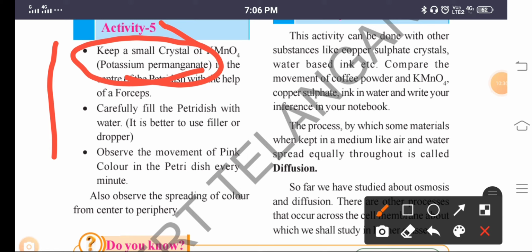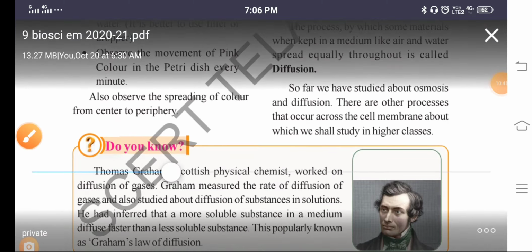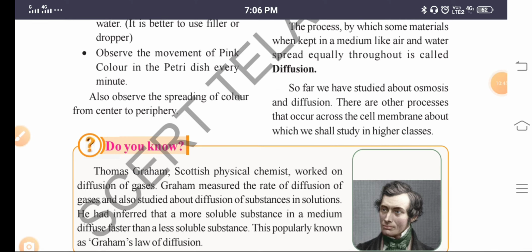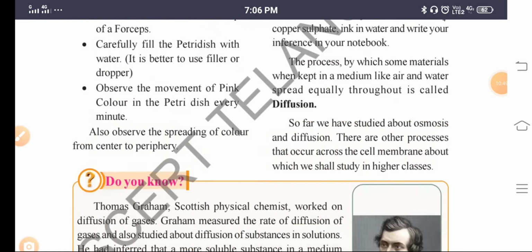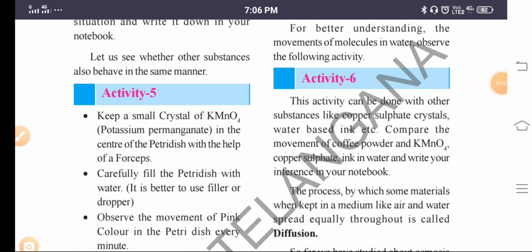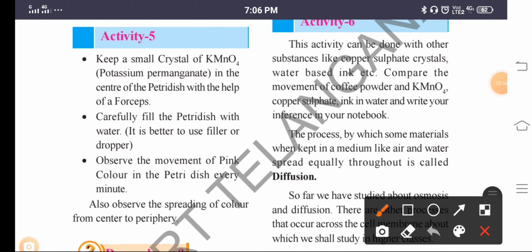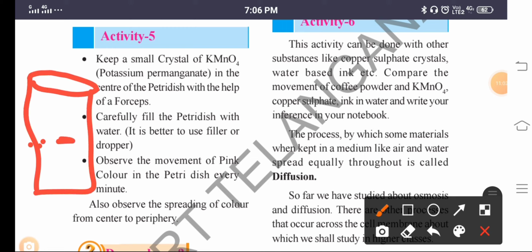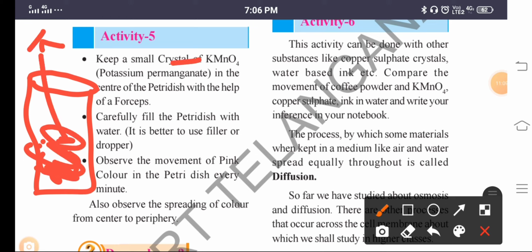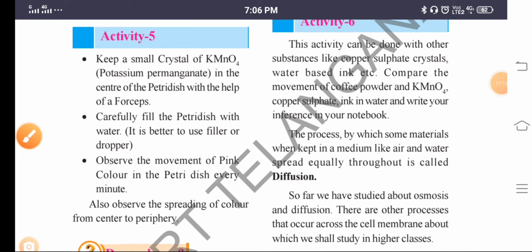Now I can show this experiment. Take a beaker and pour the water and leave the KMnO4, and it will go to the bottom.